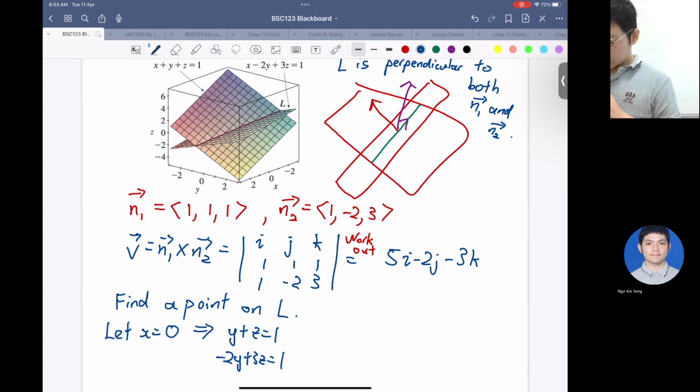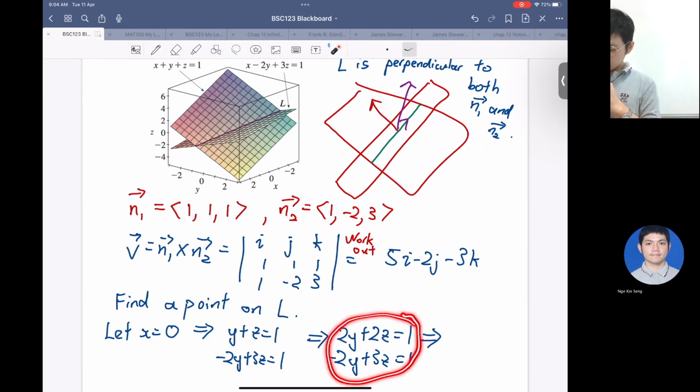From here you got two equations, two variables. Can we solve this? Yes. Let's do it step by step. I think from here it's relatively easier because you can add these two together, right?